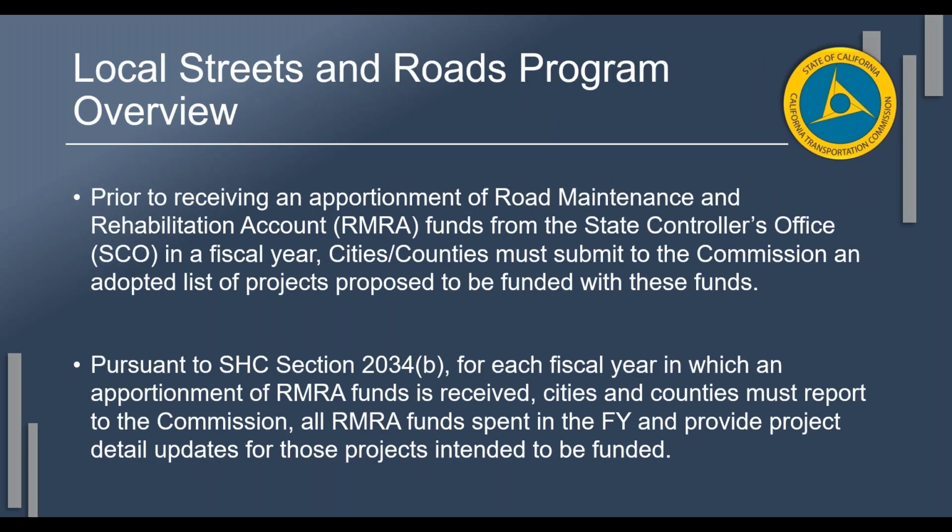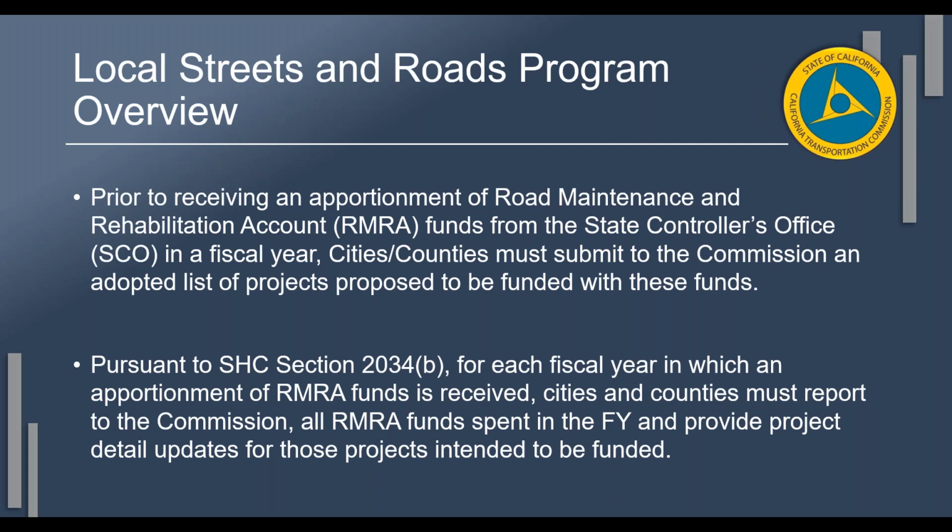So the Local Streets and Roads Program overview. As you know, in order to receive your funds, you have to adopt a proposed list of projects by your board or city council, and submit it to the commission within a certain time period. And we have to adopt that, and then the state controller's office will begin releasing funds to you on a monthly basis.